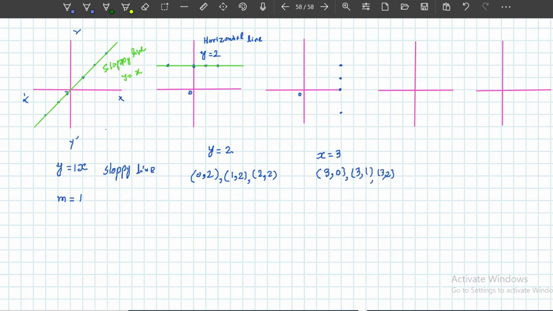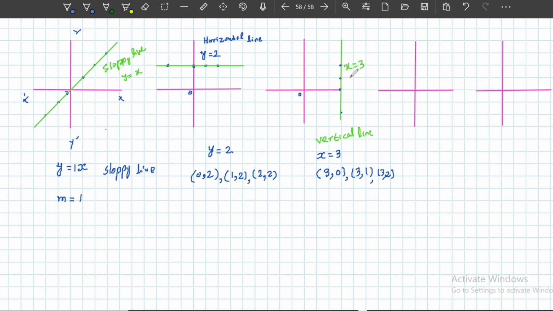Whenever you have a fixed x coordinate, that line is always a vertical line. This is a vertical line, and here x is what? x is equal to 3. I hope it is clear.